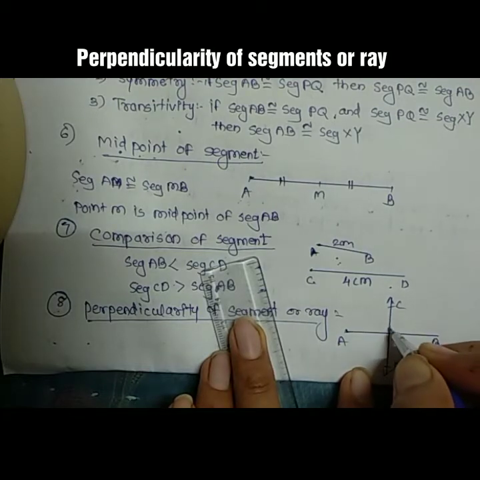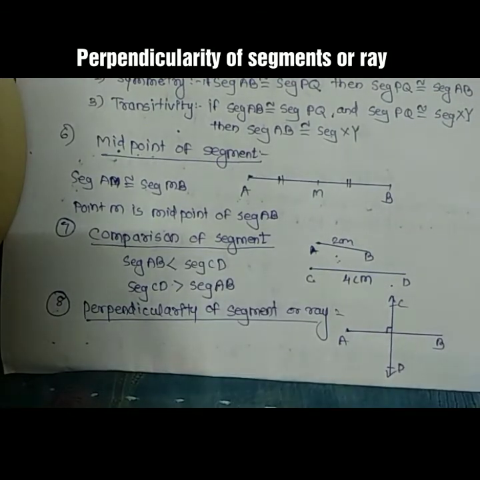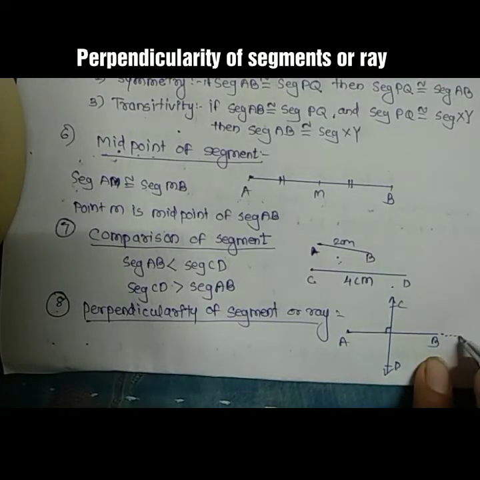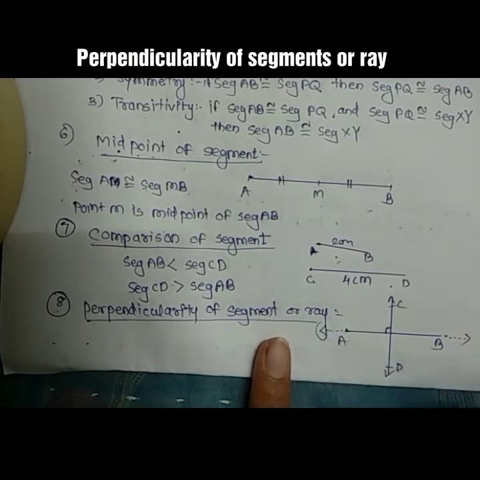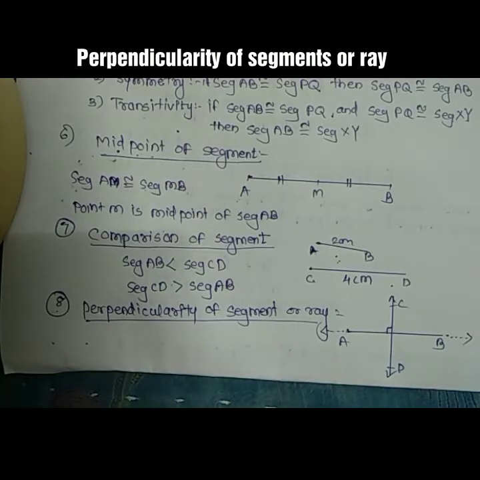These two lines are intersecting at a 90-degree angle. If the lines containing two segments, two rays, or a ray and a segment are perpendicular to each other, then the two segments, two rays, or the segment and the ray are said to be perpendicular to each other.